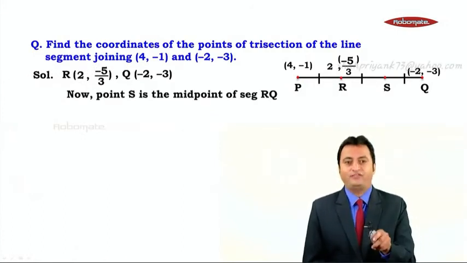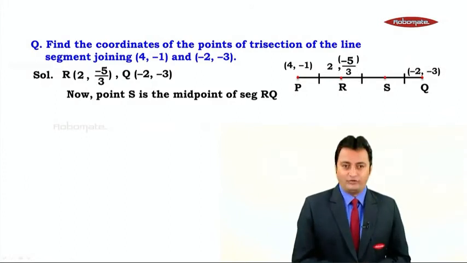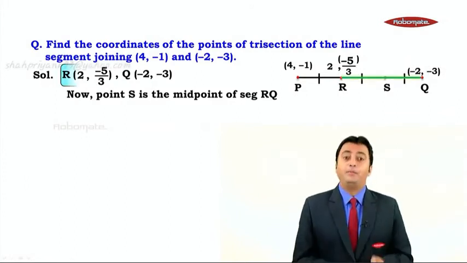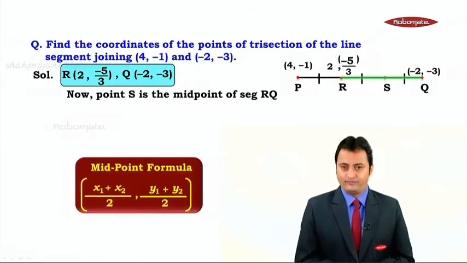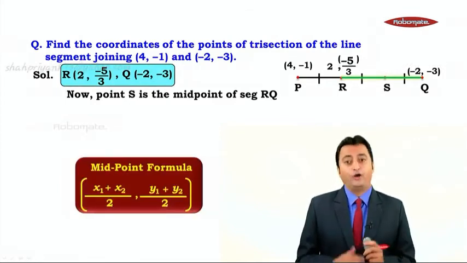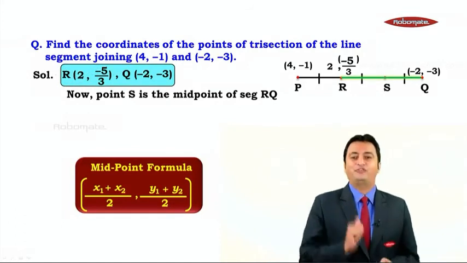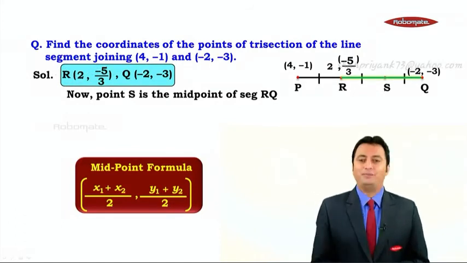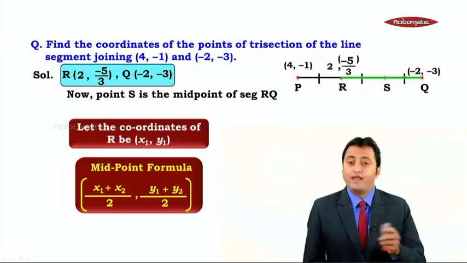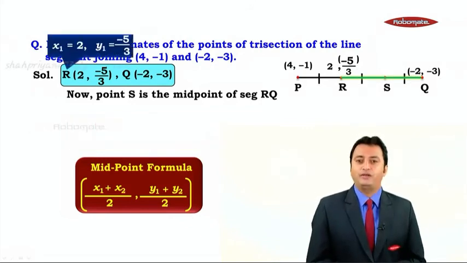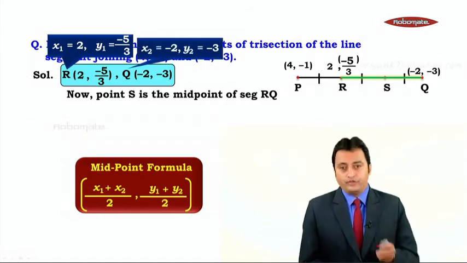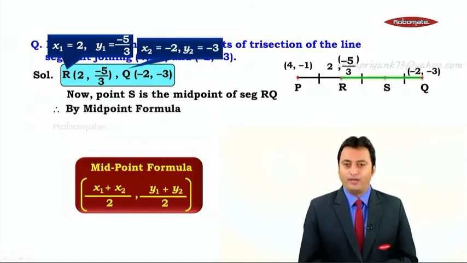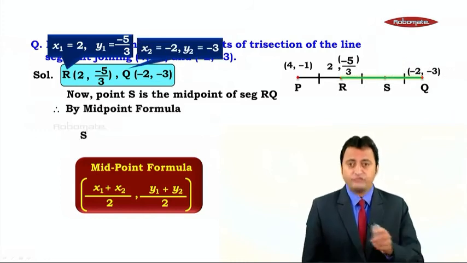Let us apply the midpoint formula to calculate the coordinates of point S. Midpoint formula, I hope you remember, is (x1 plus x2) upon 2, (y1 plus y2) upon 2, where R coordinates are (x1, y1) and Q coordinates are (x2, y2). Therefore, by midpoint formula, let's write S coordinates.